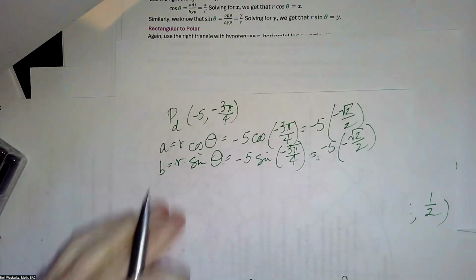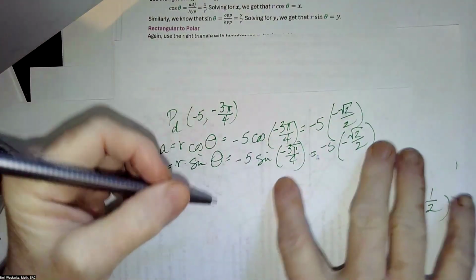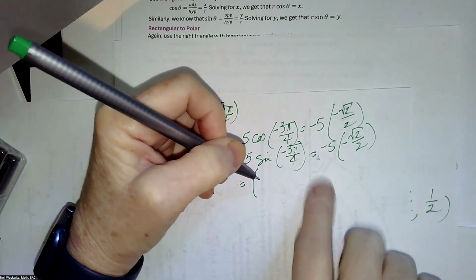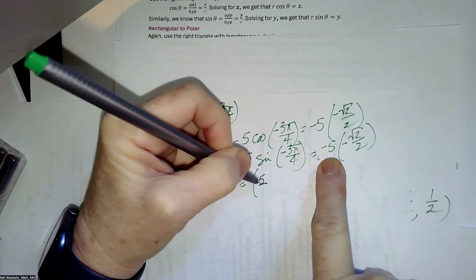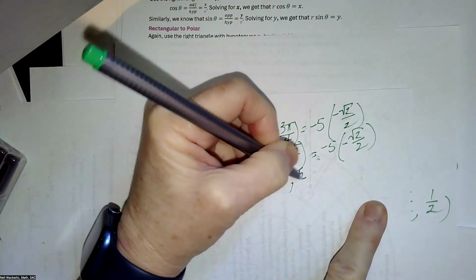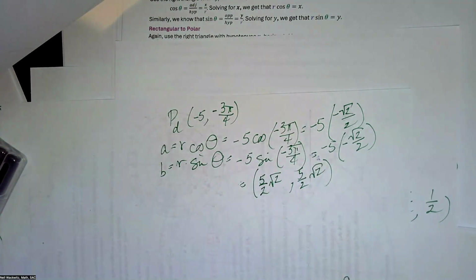And now we just need to estimate. Oh, we've got two negatives though, so both of these end up positive. We have 5 halves square root of 2 and 5 halves square root of 2. And let's see, 5 halves is 2.5.